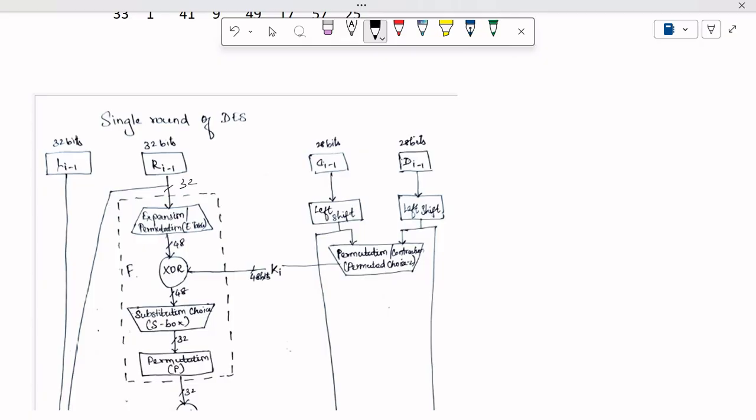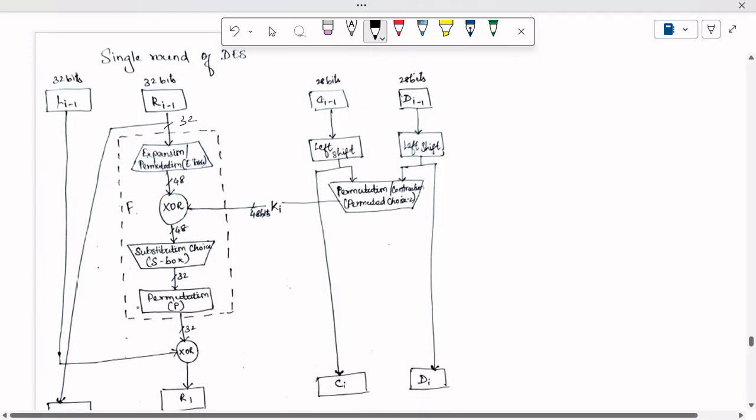So this 48-bit output goes through the substitution choice, where we convert the 48 bits to 32 bits, and this 32 bits goes through a permutation P, just changing the positions. Here we are not going for expansion or contraction, just changing the positions.